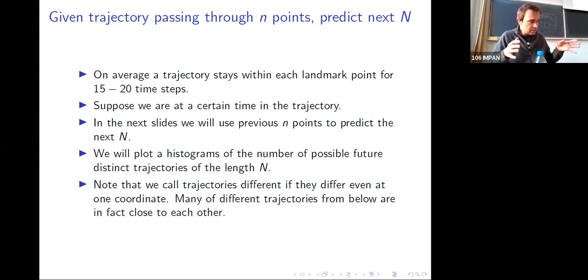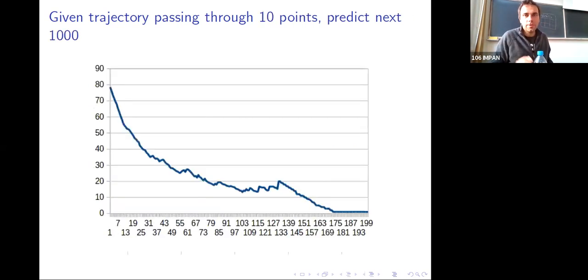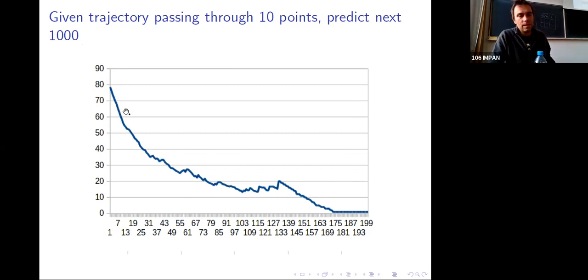What I want to do is, based on the 10 previous symbols my trajectory has visited, predict the next 1,000 symbols. That's pretty ambitious. The plot is telling me how many different possible future evolutions there are.